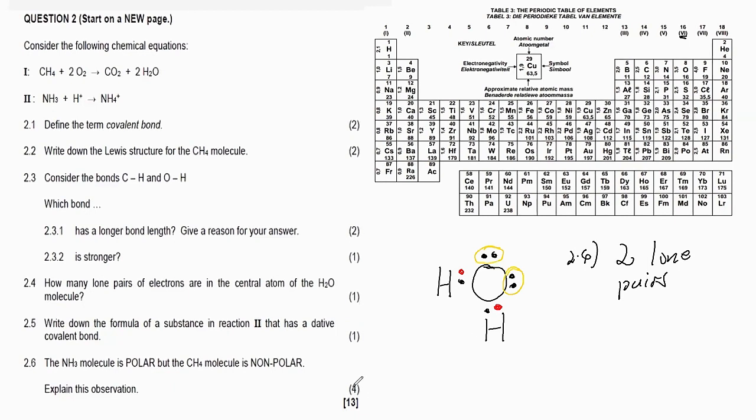Then in 2.5, they're asking us to write down the formula of a substance in reaction 2 that has a dative covalent bond. Now, when we look at reaction number 2, we can see that this is a reaction to form a dative covalent bond, mainly because we are reacting with a hydrogen ion here. So this hydrogen ion is the one that has 0 electrons, because remember the plus here means that it has given away its electron.